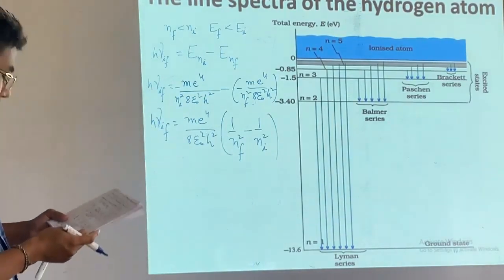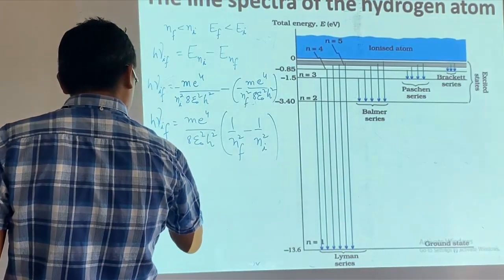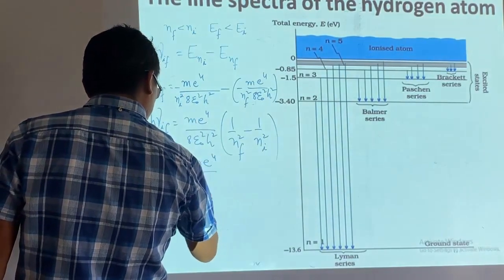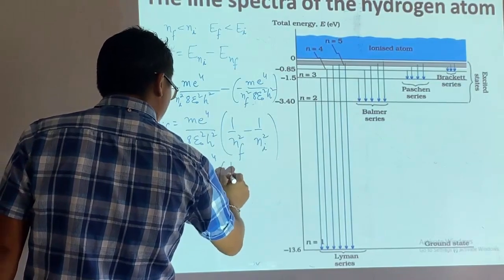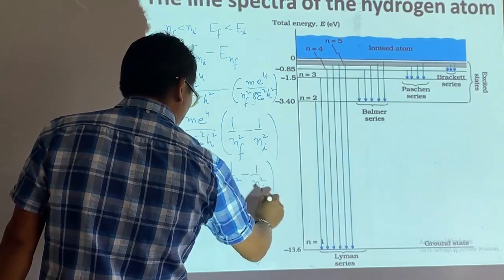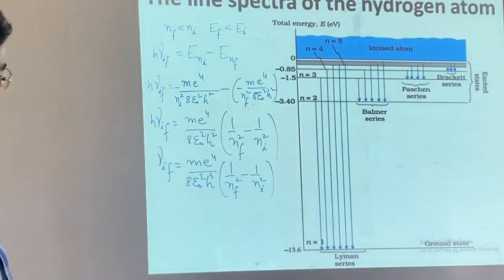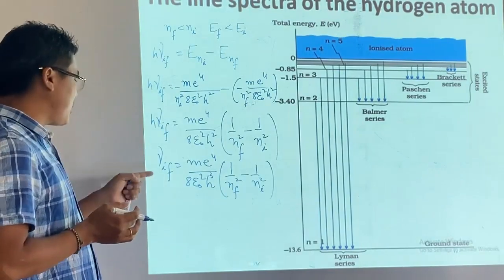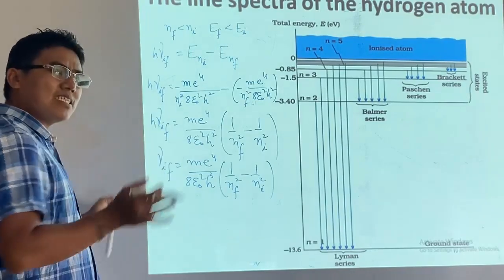Finally, I just say frequencies are given by this. So an electron undergoing a transition from a higher energy level to a lower energy level, due to which photons are released with this much frequency. And this is just theoretical work.